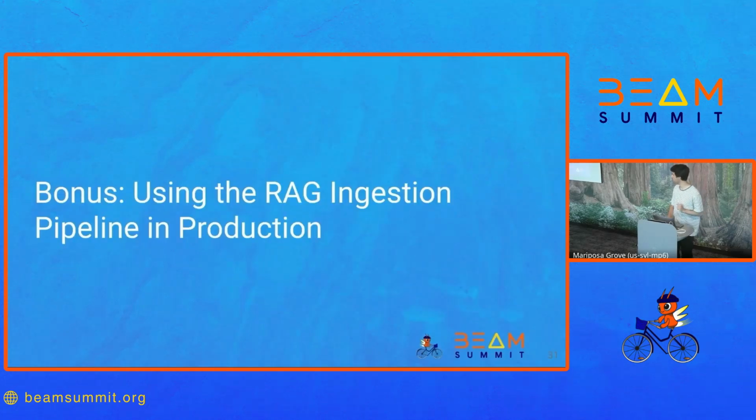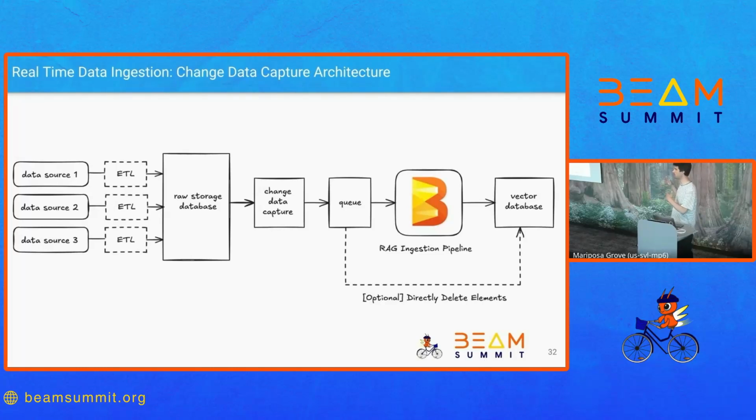A little bit of bonus. How do we actually use this in our production environments? We use a CDC architecture where we're going to store different data sources. And then we have a queue so that it's mostly separated, some best practices. But again, there have been some CDC talks I've seen at the conference. So if you want to learn more about how to do that properly, I think you should take a look at those talks.